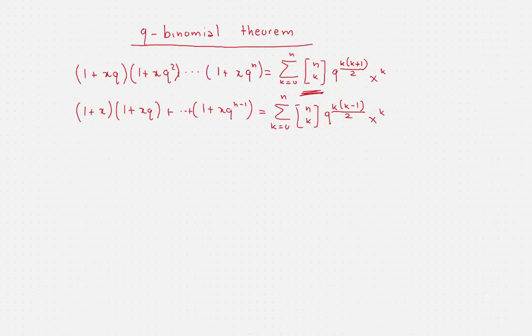All you need to do in order to obtain the first one from the second is replace x by xq. Or conversely, you could replace x in the first one by x over q, and you would get the second one.